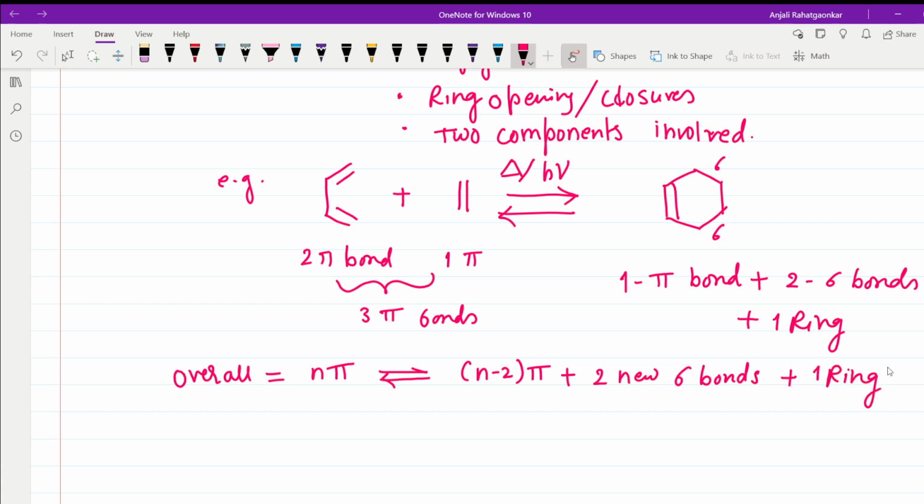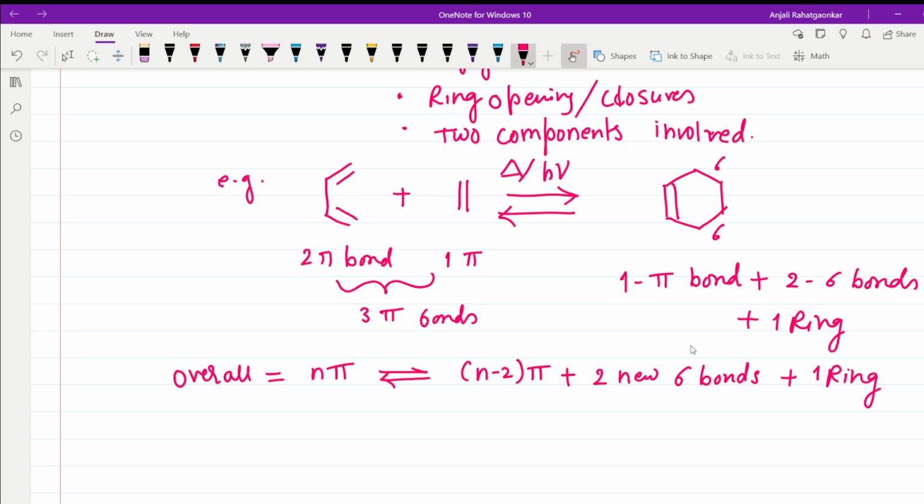So this is the accountability. These pi bonds are utilized in the formation of 2 new sigma bonds, so the number of pi bonds is reduced in the products. 1 ring has been formed over here. So this is about the cycloaddition reaction.